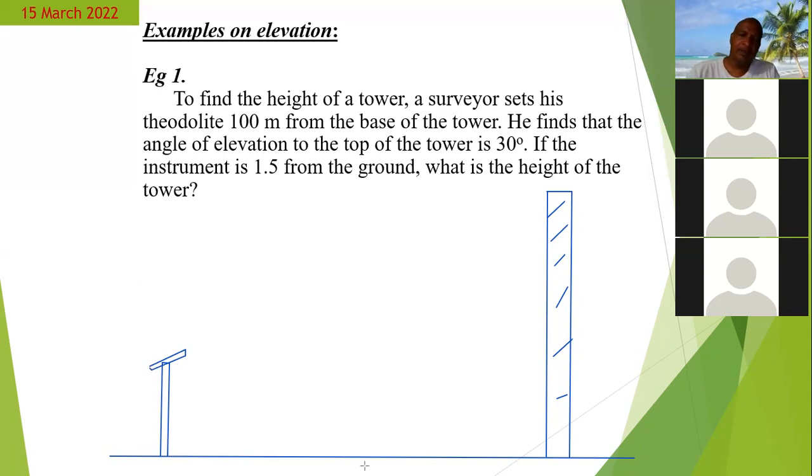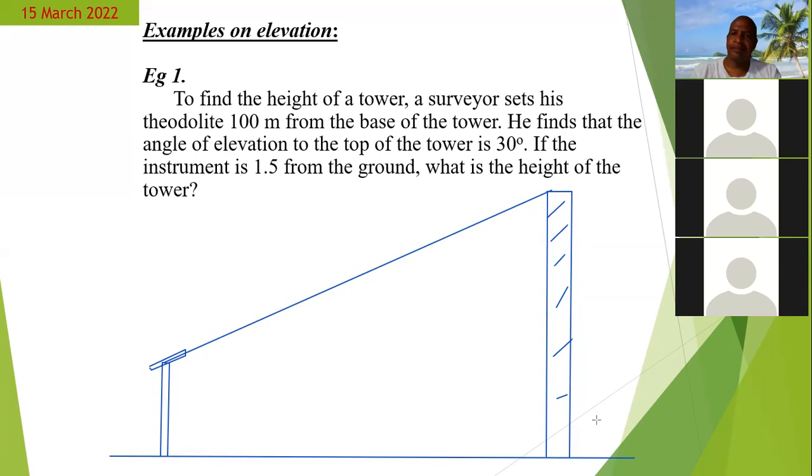All right, what else now? Sir, draw your line of sight from the theodolite to the top of the tower. All right, so we're thinking that the line of sight will be in the instrument, and we are going right to the top of the tower based on line of sight.